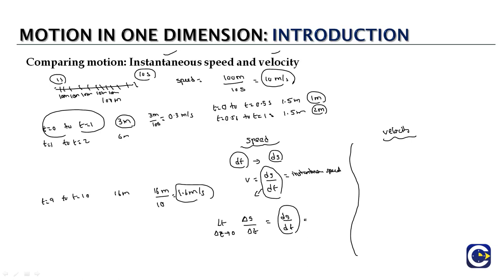We'll talk about how we use this particular operation a little later, but this is basically what we call the instantaneous speed. So instantaneous speed is a better measurement to compare the motion of two objects at a given instant.